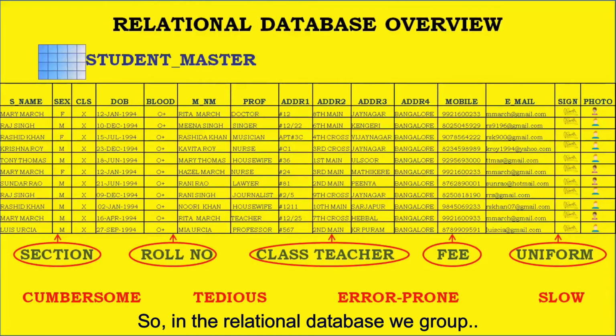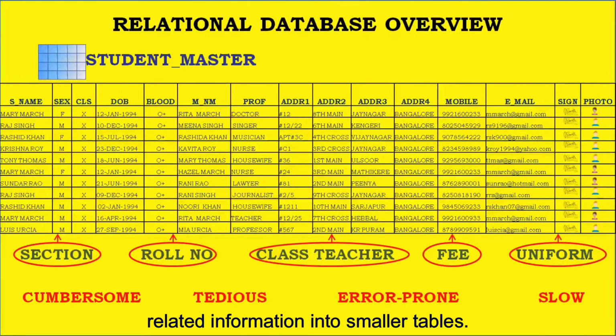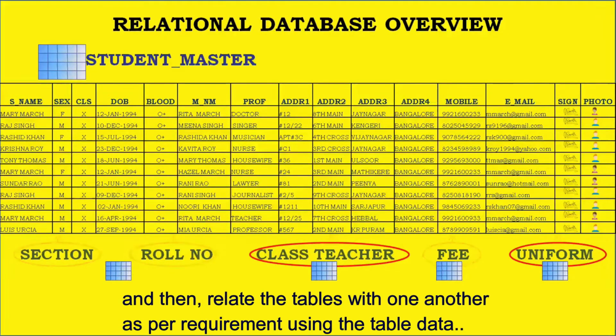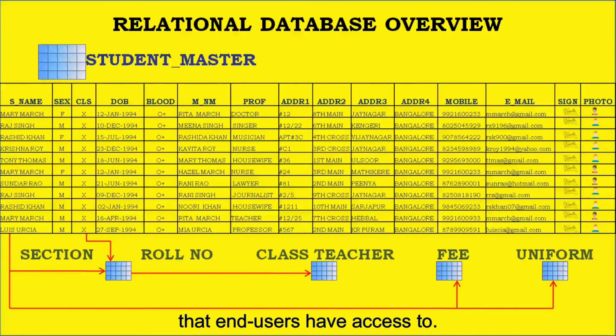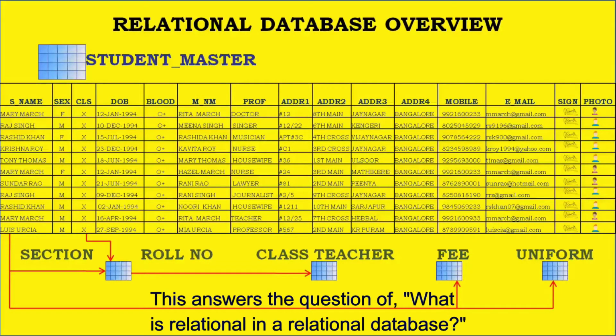So, in the relational database, we group related information into smaller tables and then relate the tables with one another as per requirement using the table data that end users have access to. This answers the question of what is relational in a relational database.